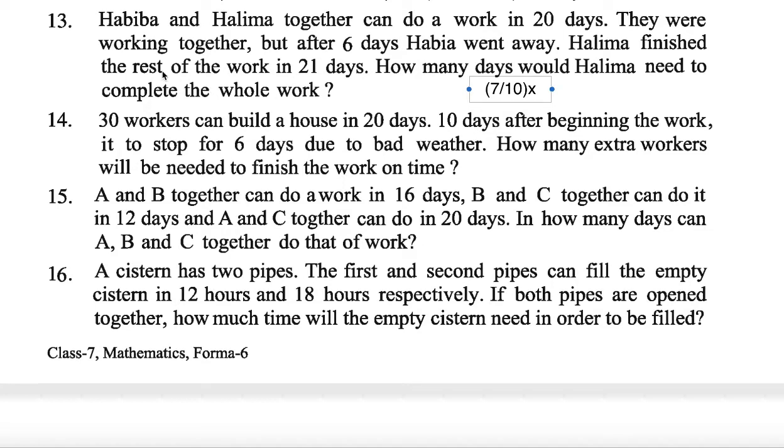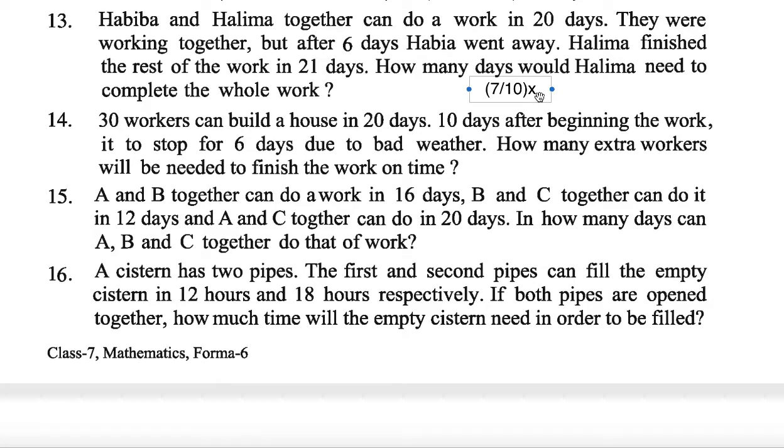Okay, so Halima completed the rest of the work in 21 days. So this much portion of work Halima completed in how many days? 21 days. Okay, 7 by 10 x portion of work is completed in 21 days.